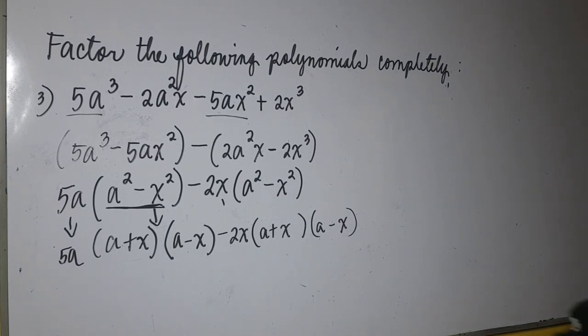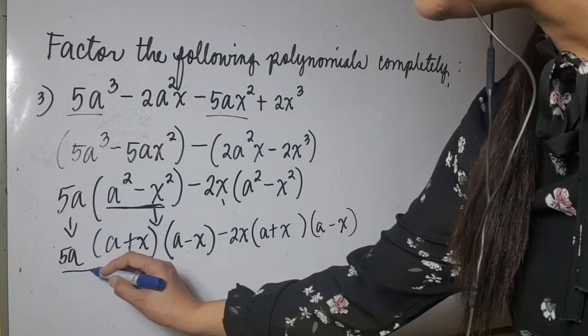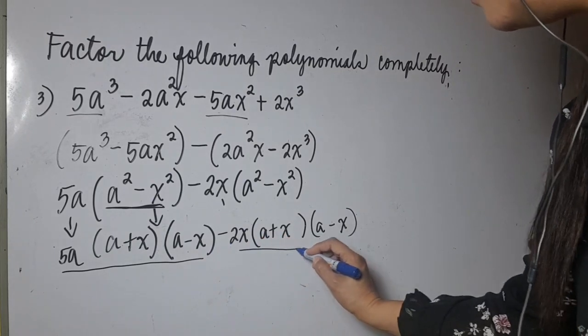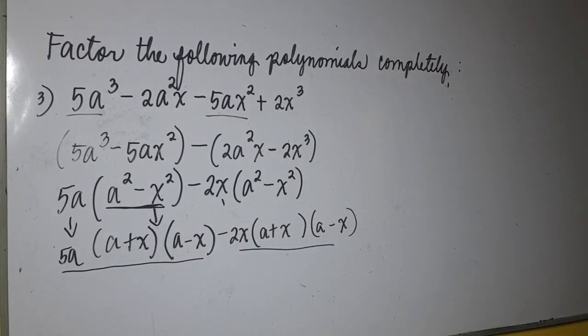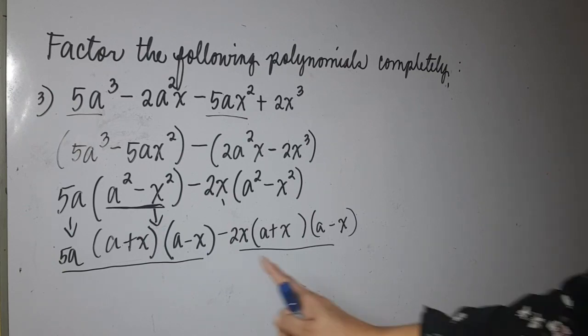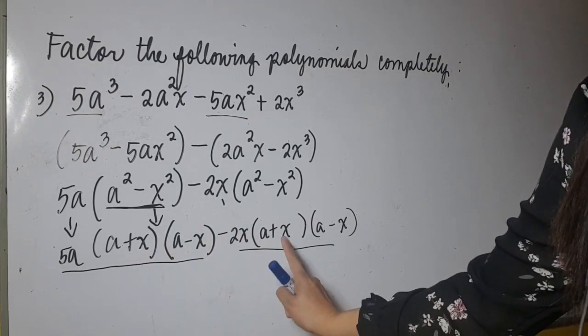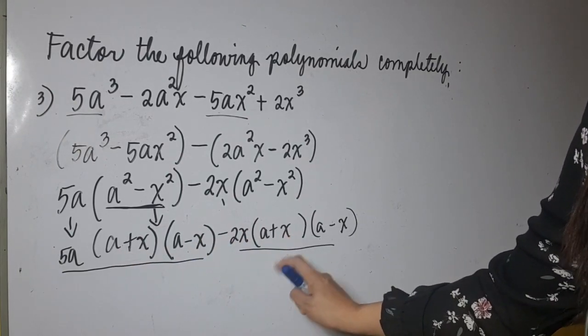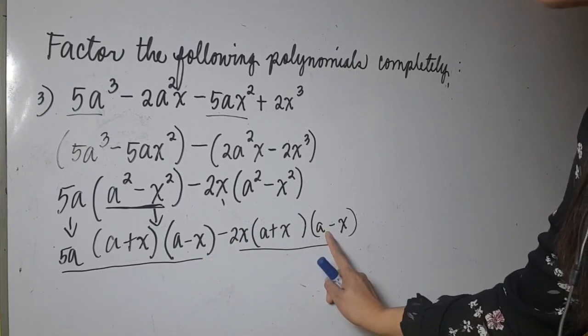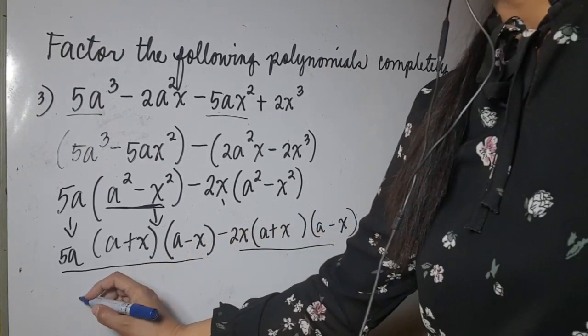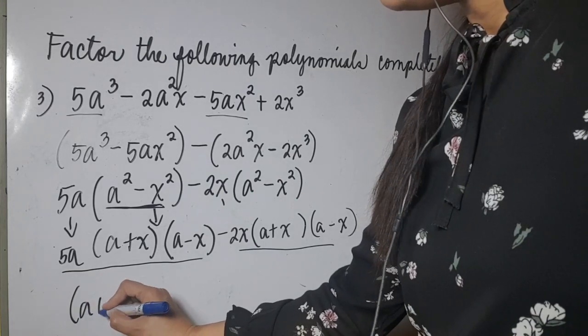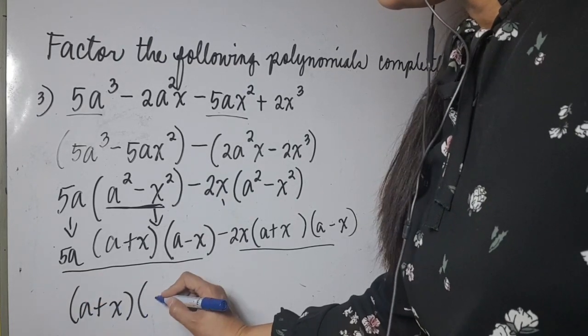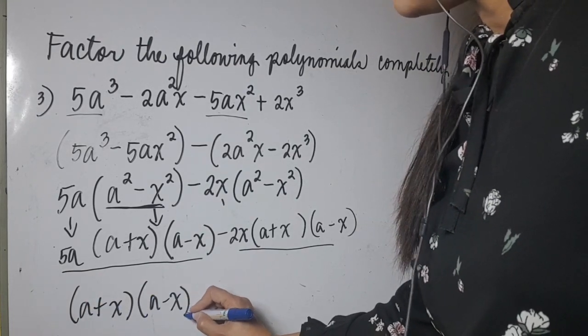Okay, now, we have here 2 terms. Do you think there is a common factor? Yes, there is a common factor again. We have a plus x here. You have a minus x here. So the common factor is a plus x, a minus x.